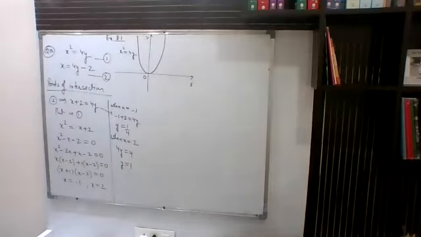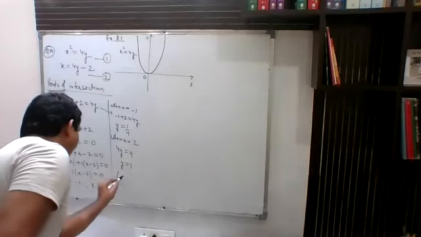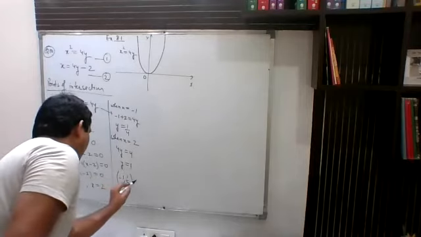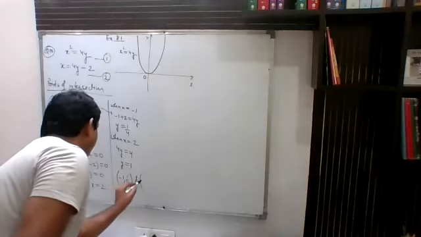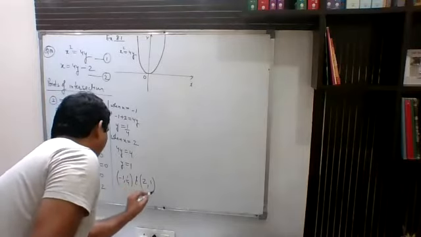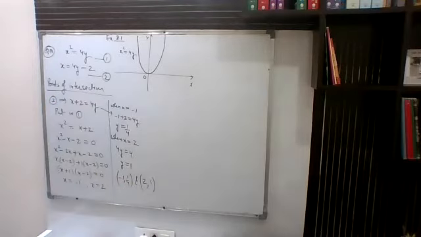So your points of intersection are minus 1 comma 1 by 4 and 2 comma 1.